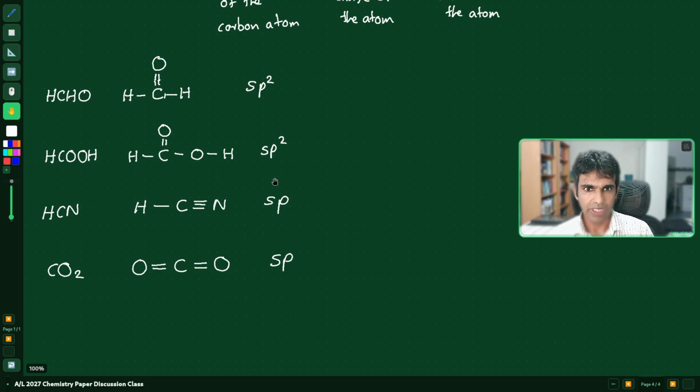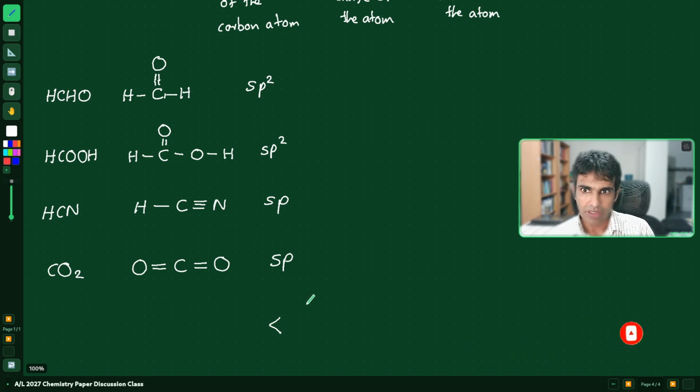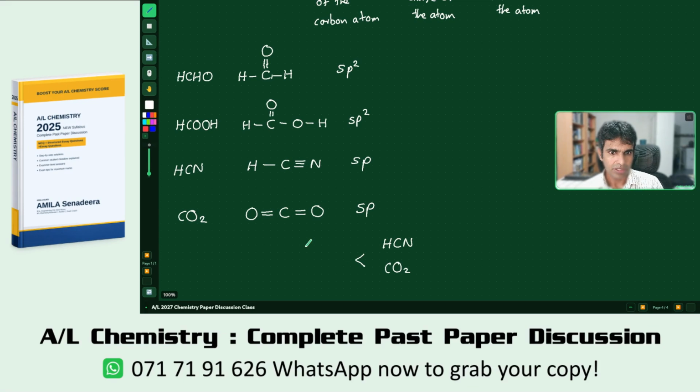So sp hybrid orbitals are shorter than sp2 hybrid orbitals. Therefore, it is clear that when we consider carbon atoms, the electronegativity of carbon atom in hydrogen cyanide and carbon dioxide are higher than the electronegativities of carbon atoms in formaldehyde and formic acid.